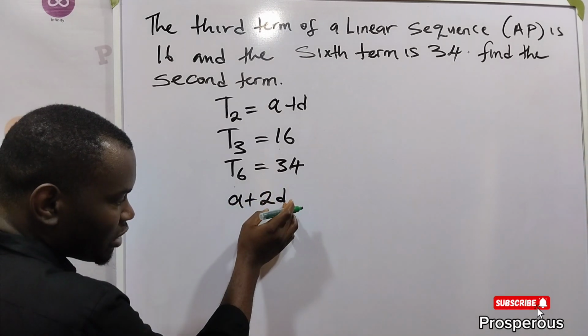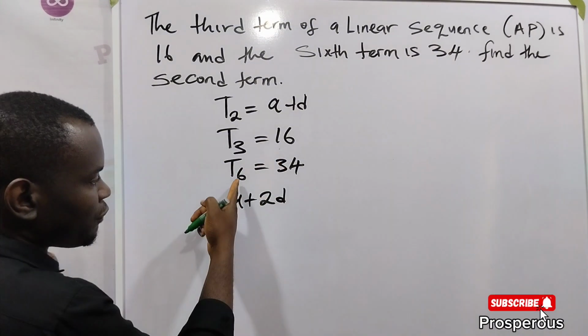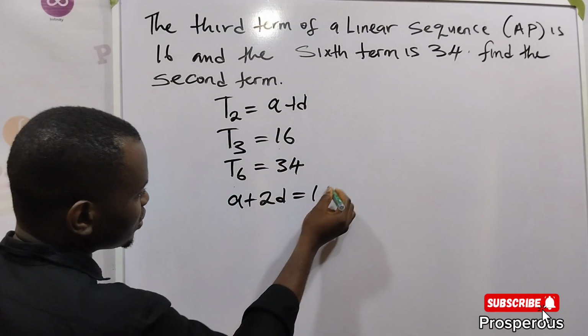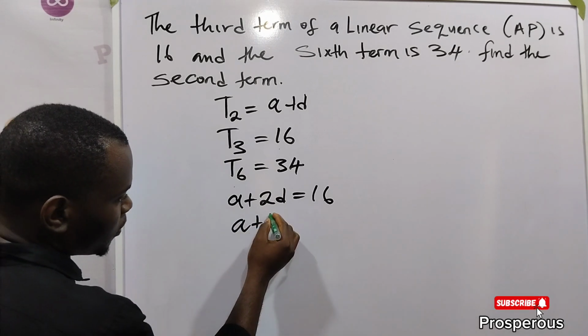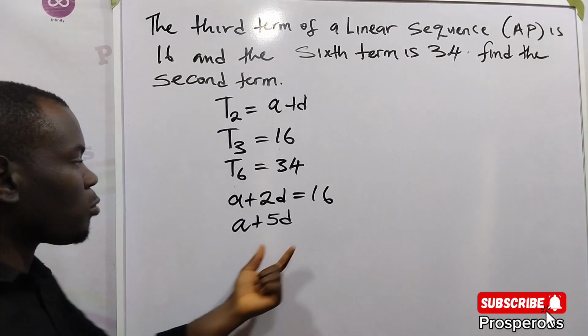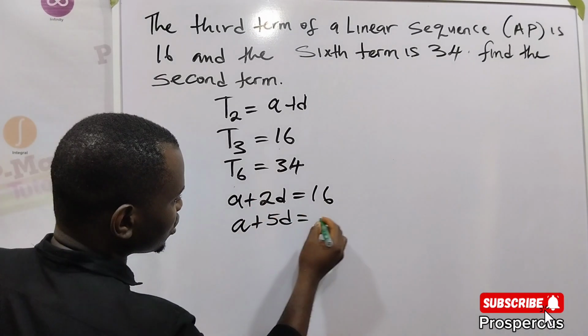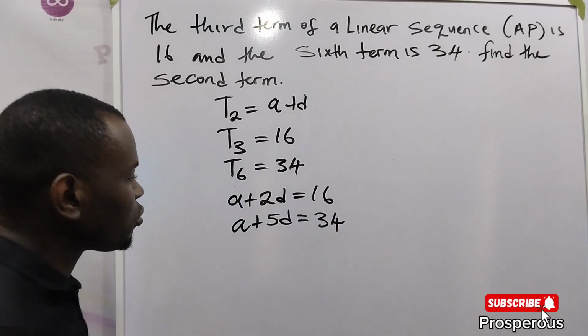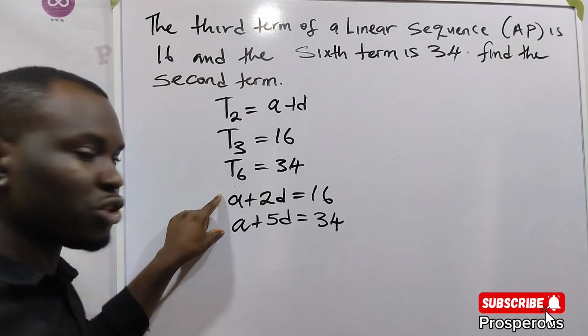If you add the common difference 2 times to your first term, you have the third term. For the sixth term, it should be A plus 5D, which is equal to 34. Now you can see that we have a simultaneous linear equation on the board.